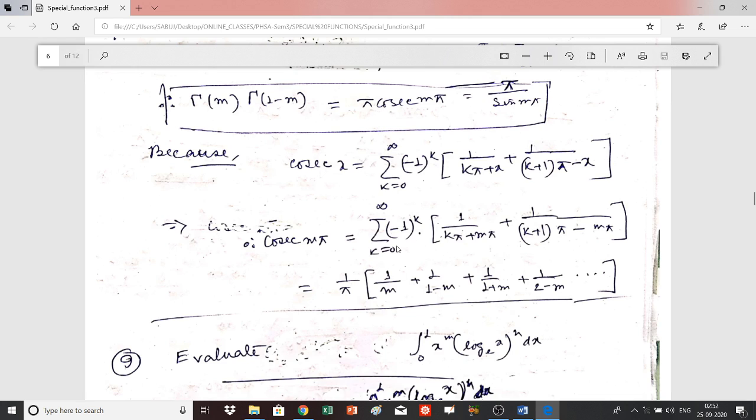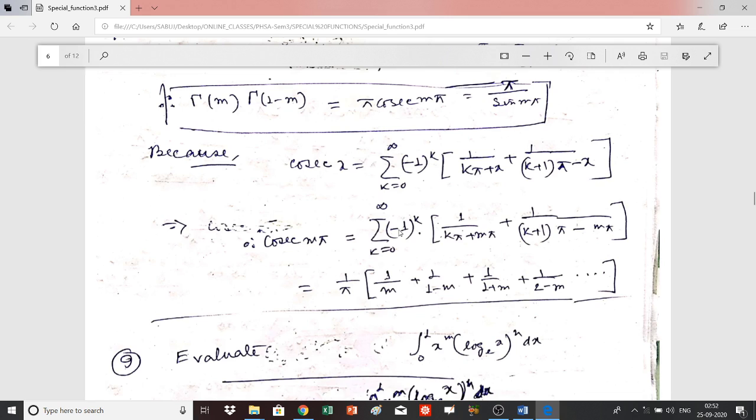Just now write different values of k from 0 to some higher values. If you use k = 0 from the first term, 1 by n pi, and from here you will get 1 by pi, and minus n pi from here.